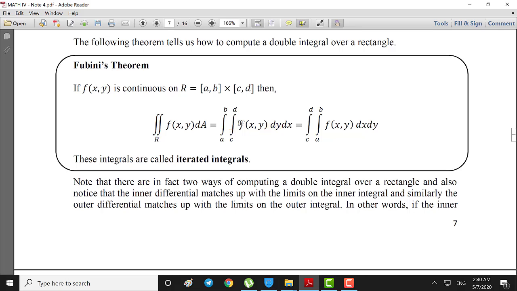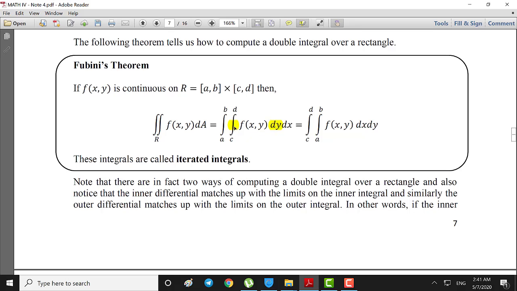The limits for the outer integral match the outer differential, meaning that the limits for this outer integral should be the limits that we have for x, which is from a to b, and the limits for this inner integral should match this inner differential.